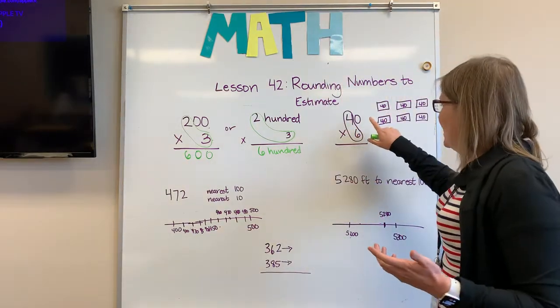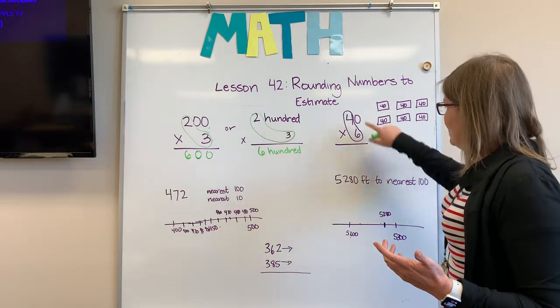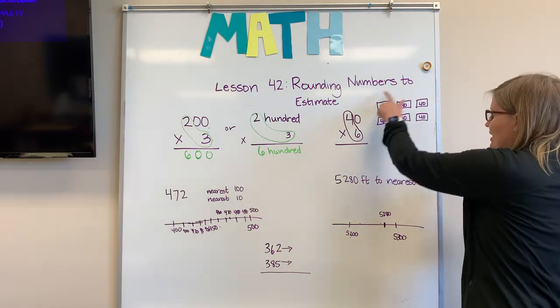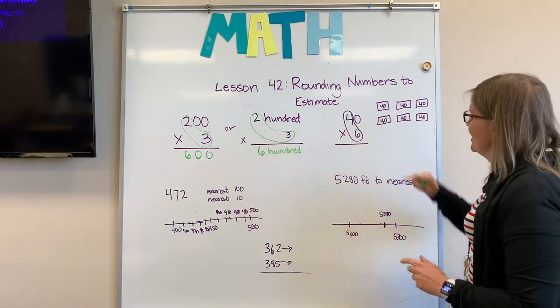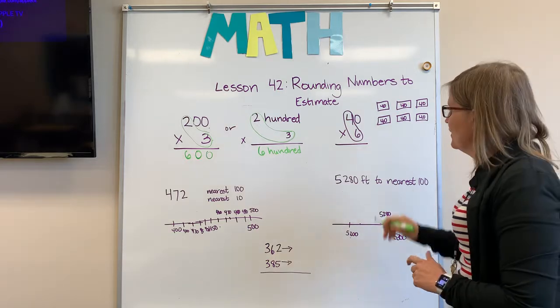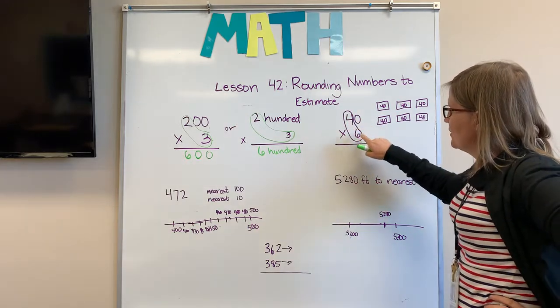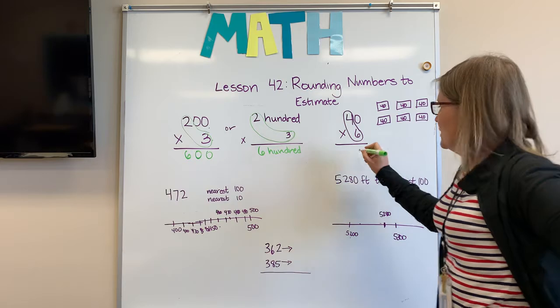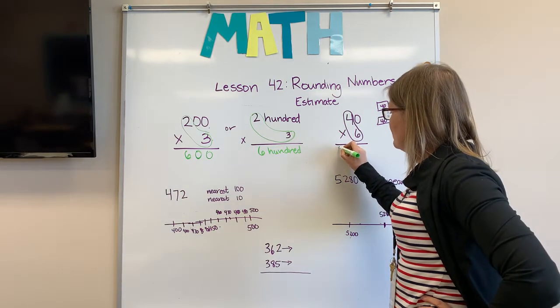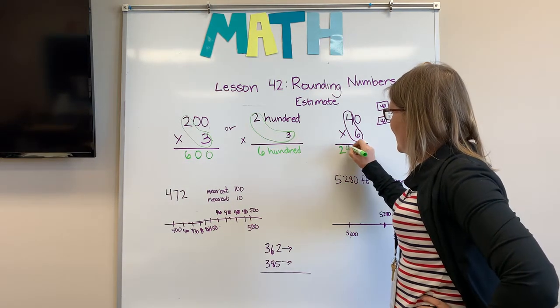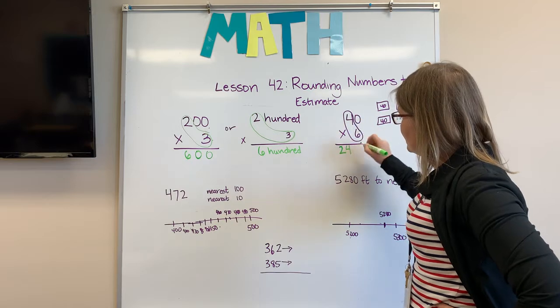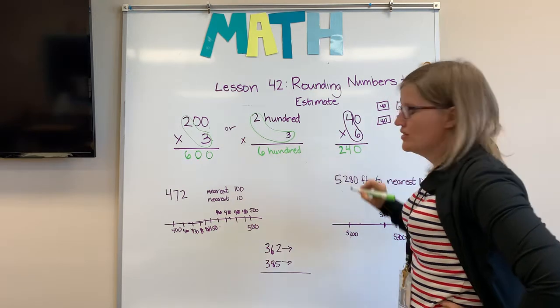Well, I'm looking at it right here. We have 40 kids each school bus, and I can look at this and say, I know that 4 times 6 is 24, because I know my math facts. And then I have this 0, and I just pop the 0 there.